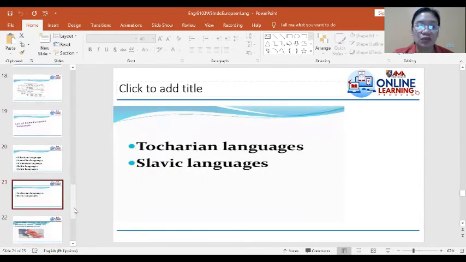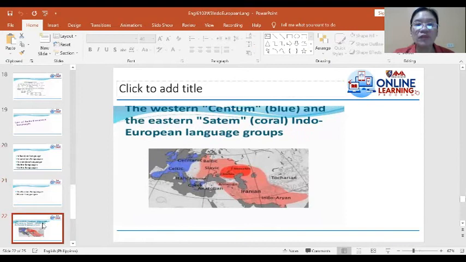Now in here, as you can see, the Western centum is the blue one in the map, and the Eastern satem is the coral. Okay, the Indo-European language groups.